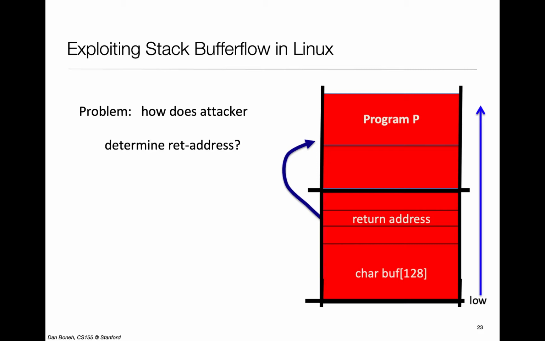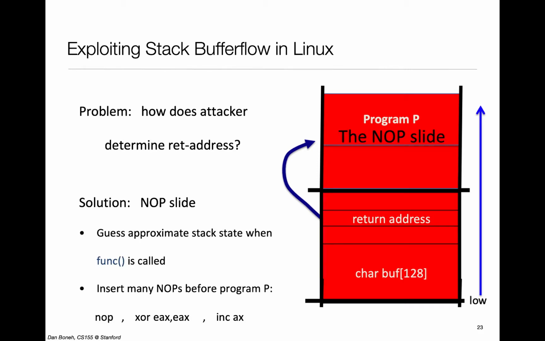Because usually when your program's loaded, the memory might be a little bit non-deterministic. So what they do is they have a no-op slide. Essentially, in your buffer, you just write a whole bunch of no-op operations, and that way you can put your program P inside this very long list of no-ops, so that you just have to have a vague notion of what the return address will be.